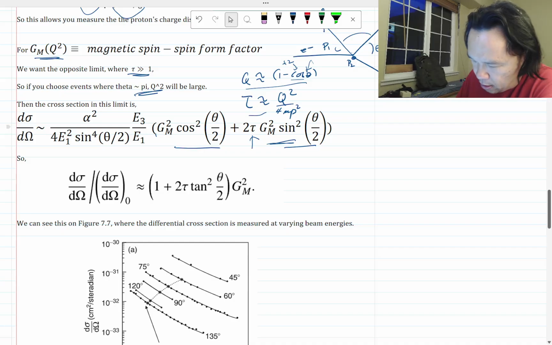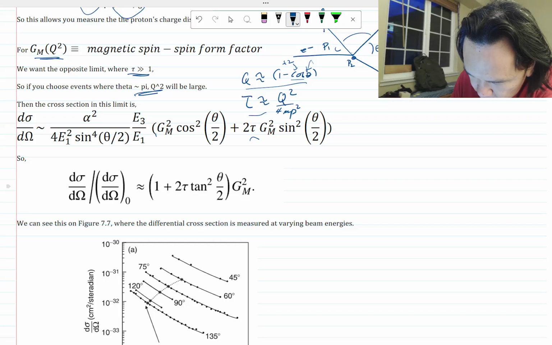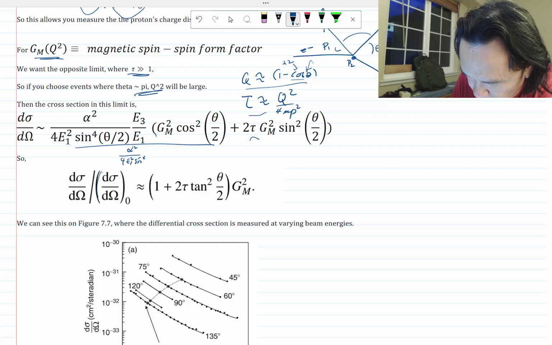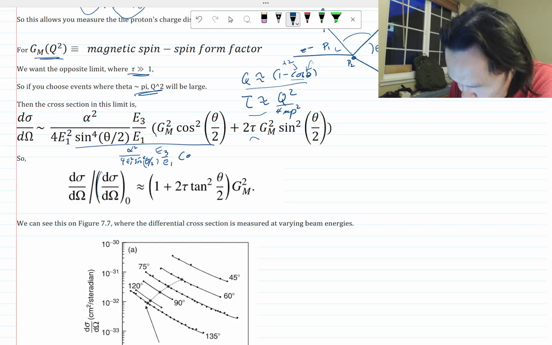In fact, what happens is that if you divide out the Mott cross section, this piece here, with a cosine, let me just do it. Divide this whole thing, alpha square over 4E1 square sine to the 4th theta over 2, and then we'll do a cosine square theta here also.